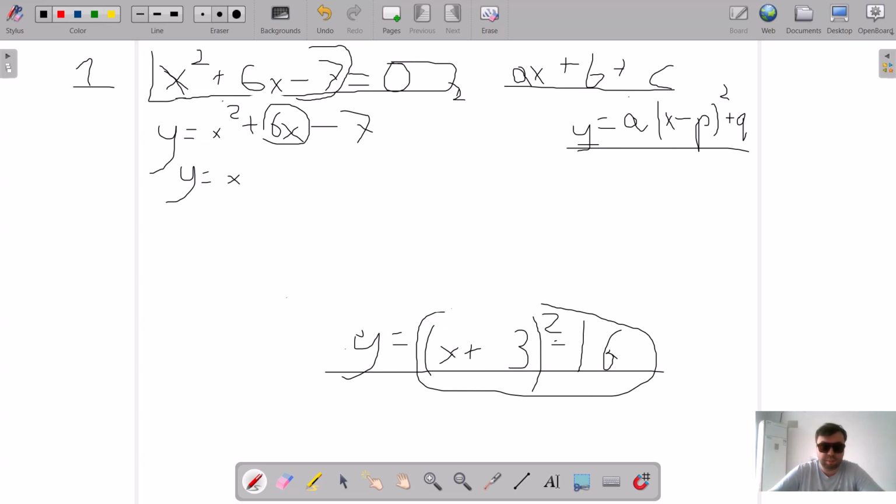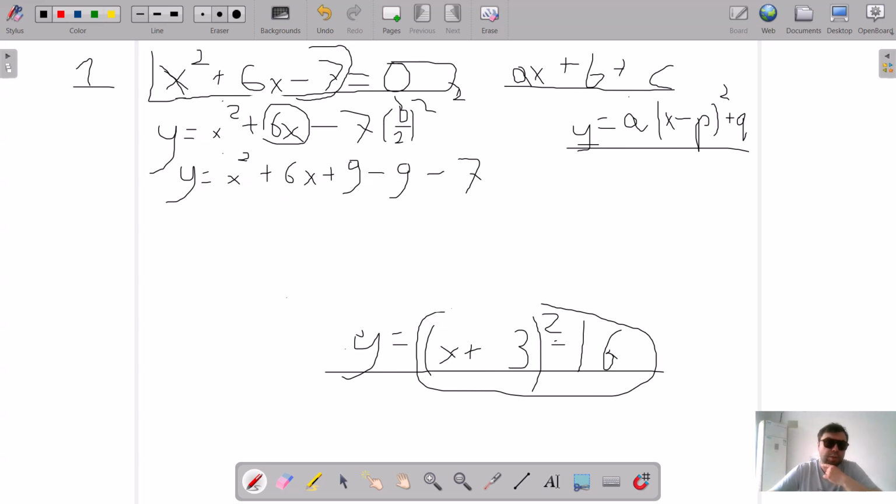So we write x squared plus 6x plus 9 minus 9 minus 7. That's how we do it in this method. This is what we calculated, b divided by 2 squared, which equals 9.